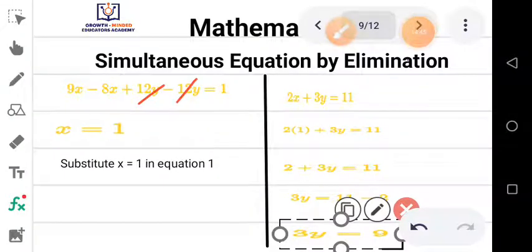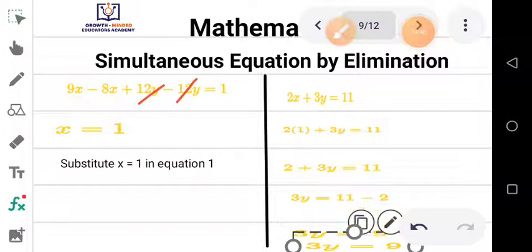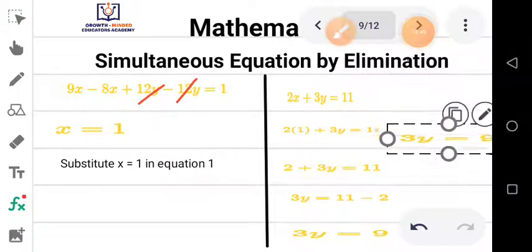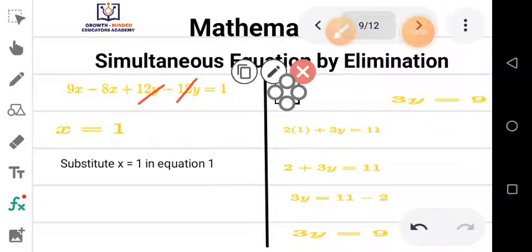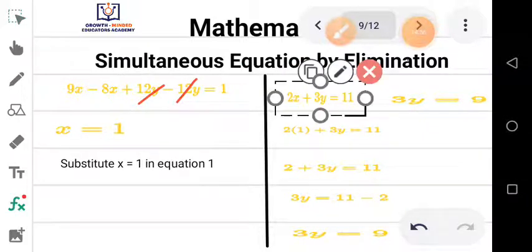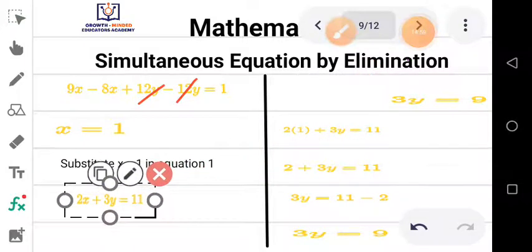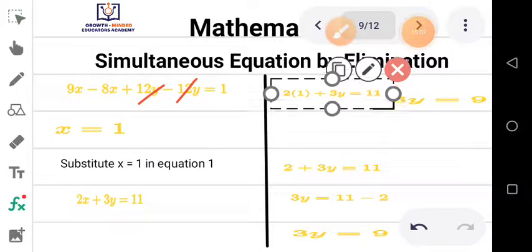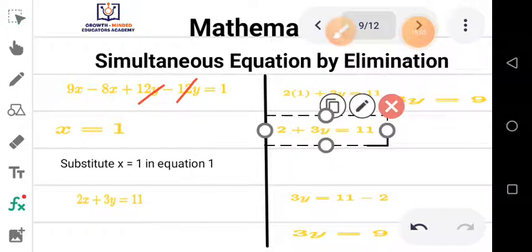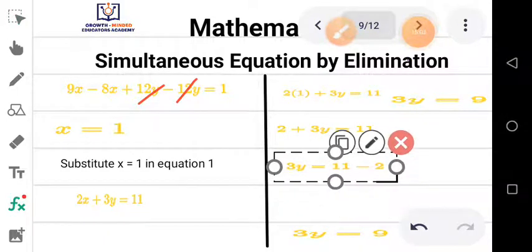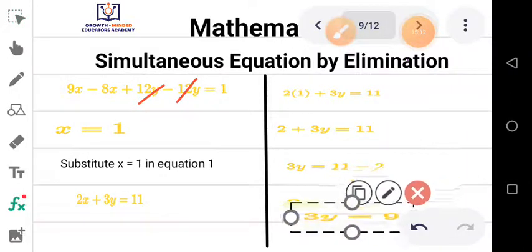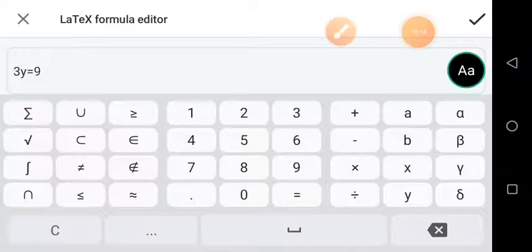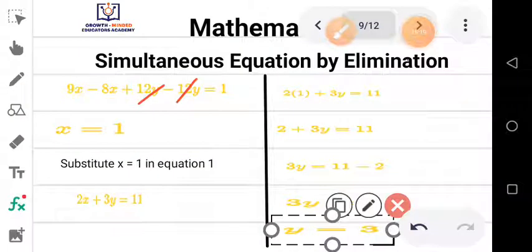Alright, and if we divide by 3, y equals 9 divided by 3, which gives us 3.